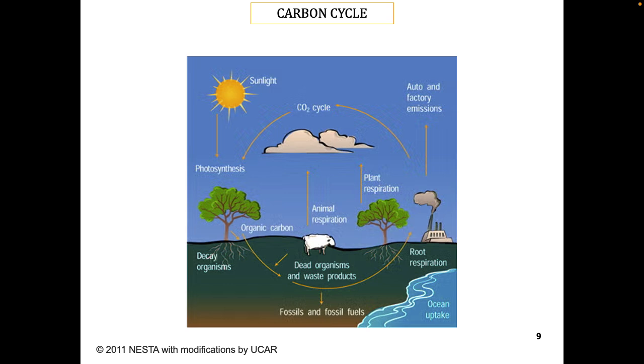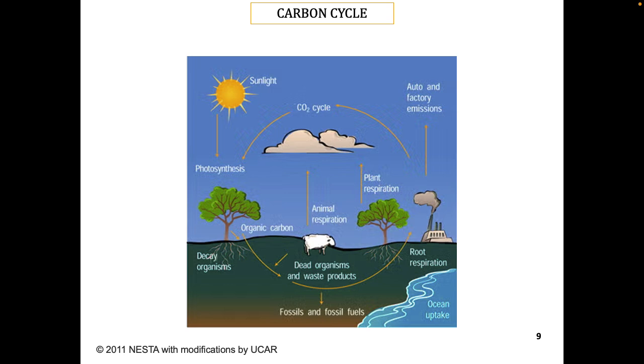Here is the carbon cycle, just to explain why we talk about soil and carbon. As we know, I will begin here with the photosynthesis phenomenon. With photosynthesis, the plant captures CO2 and forms organic carbon, and it is by that organic carbon that carbon enters the soil.